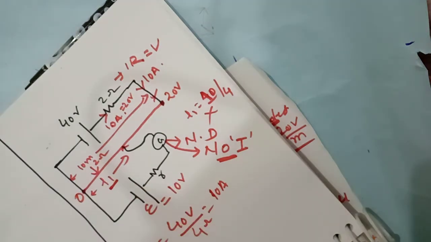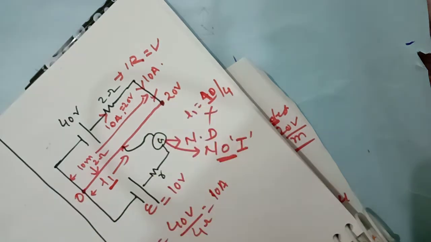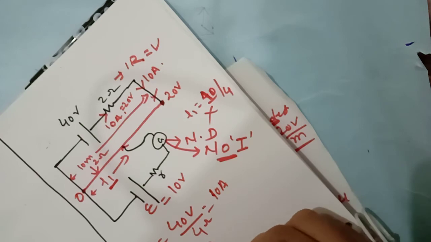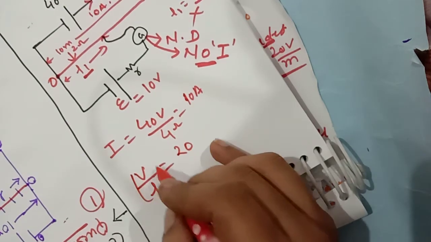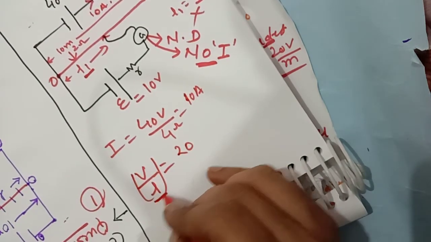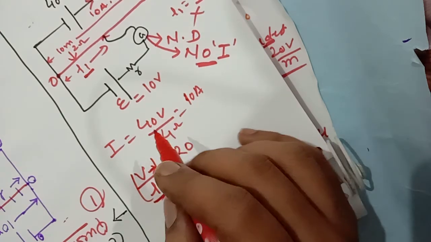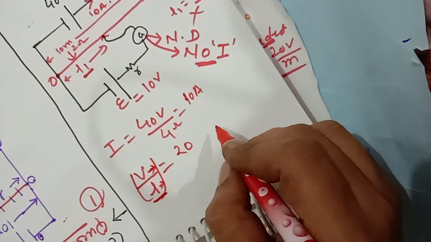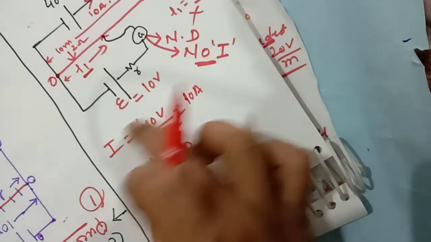If here it is 0, then what is the voltage gradient over here? V by L, the decrease in voltage per unit length. I have already mentioned that when we write V by L, the voltage should be across that wire, not the overall voltage.